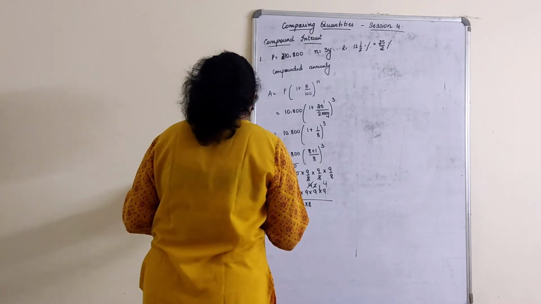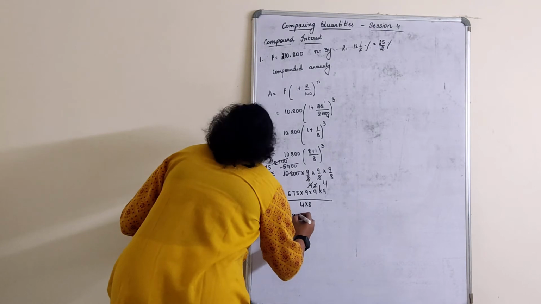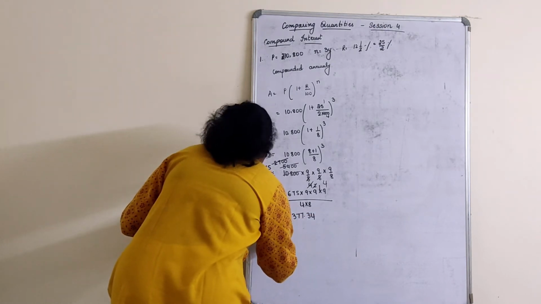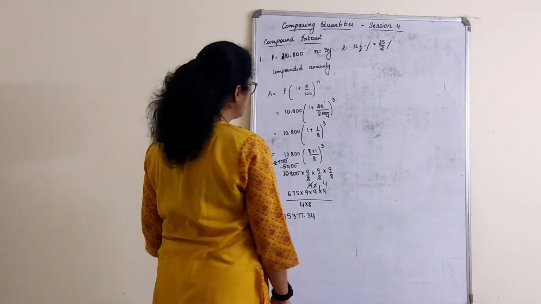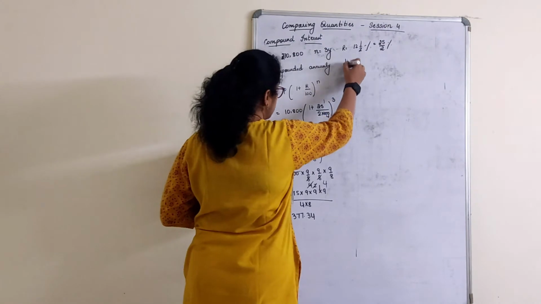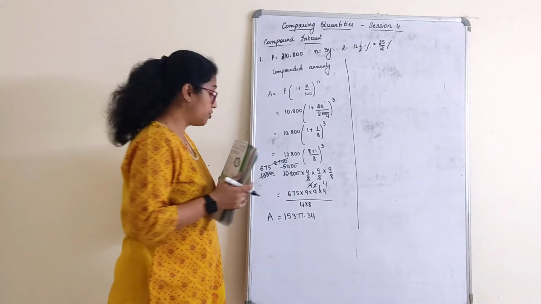So answer what you get here is 15,377.34. This is the amount. Amount should always be greater than the principal. That's your thing. If you are getting less, you've gone wrong.